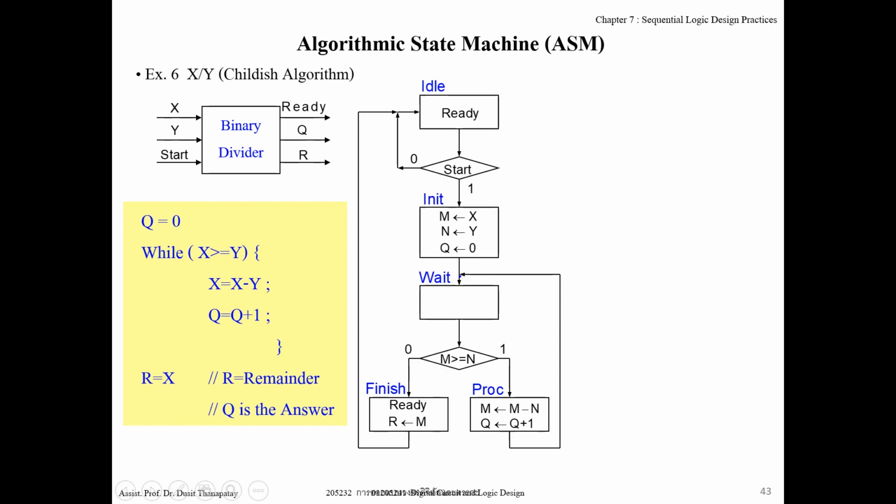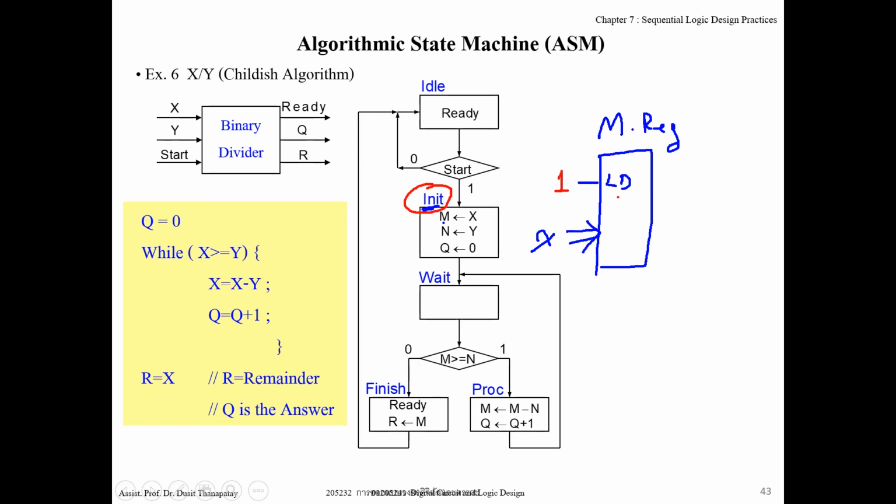State wait is important because at the initial state, for example, for register M, in a practical register there may be a load signal and input X, going to the M register. At this initial state, we just assign the load signal to make it active. But the value of the register is still not X. It waits for the clock tick, right?